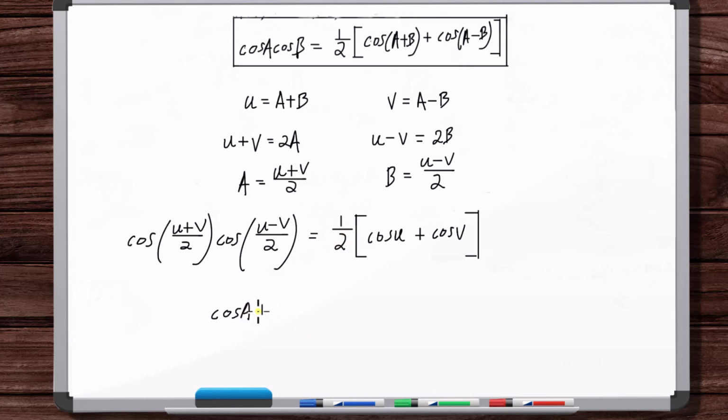So cosine of A plus cosine of B is equal to 2 times cosine of A plus B divided by 2 times cosine of A minus B divided by 2. There we go.